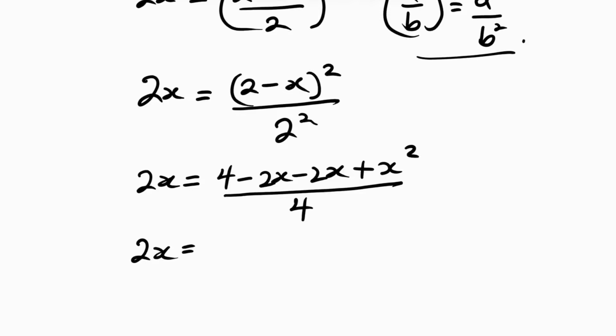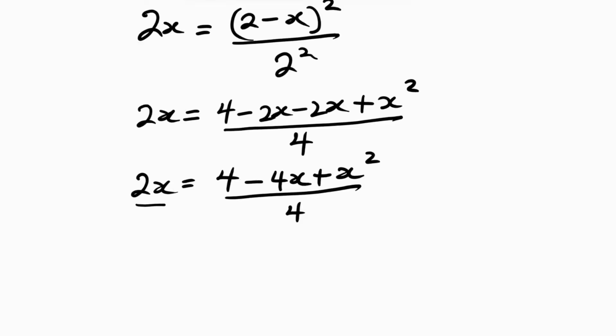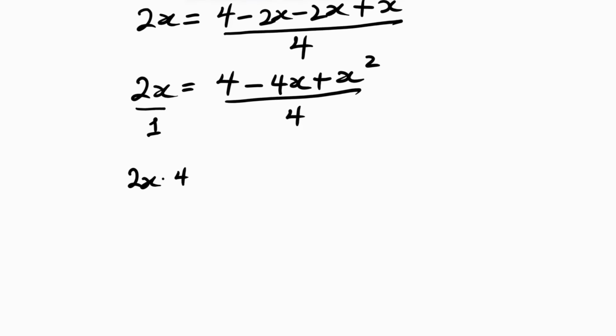So this becomes 4 minus 4x plus x squared divided by 4. This is the same thing as 2x over 1. Now, if we cross multiply, we have 2x times 4 equals 4 minus 4x plus x squared, everything times 1.